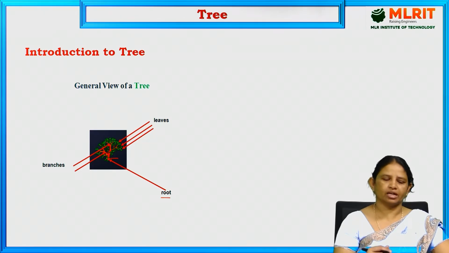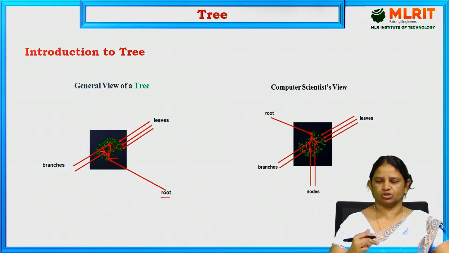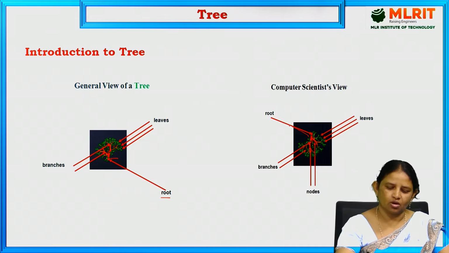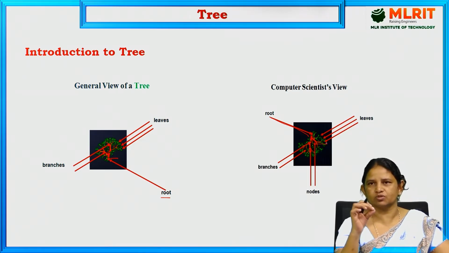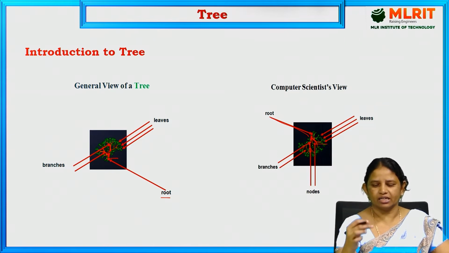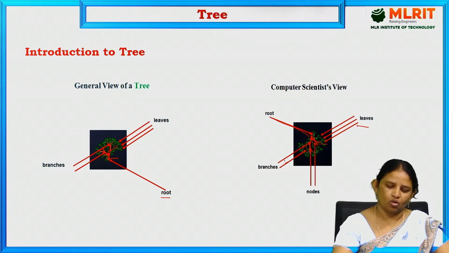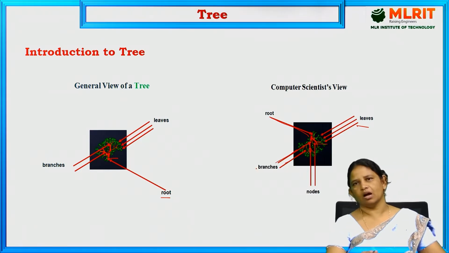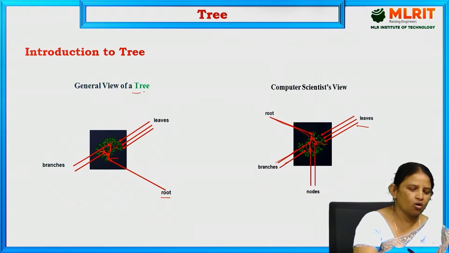Then coming to the computer scientist's point of view, the tree is in the reverse order. That means the root is in the top position. The nodes present in the middle are called branches, and the bottom ones are called leaf nodes. This is the computer scientist's point of view of the tree structure.